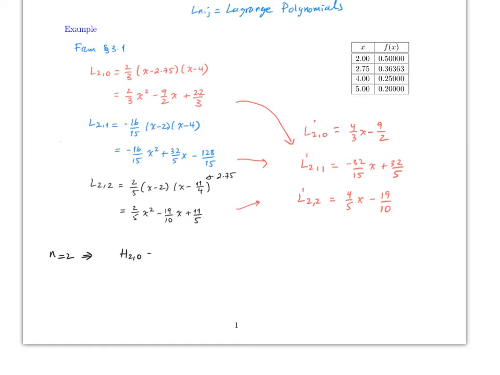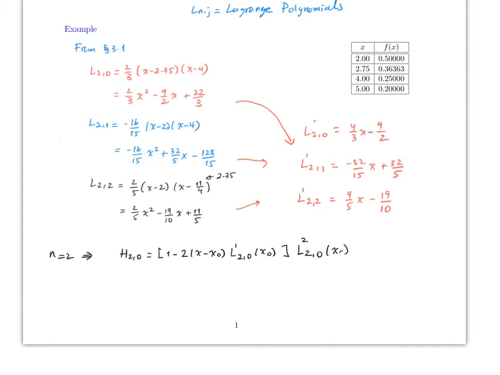This is equal to 1 minus 2(x minus x0) times L20 prime of x0, times L20 of x, the whole thing squared.